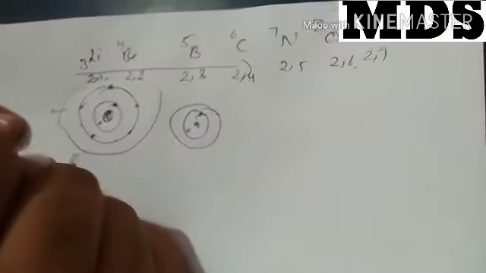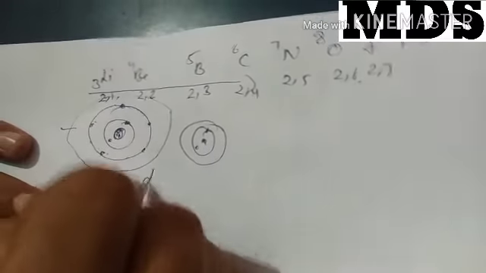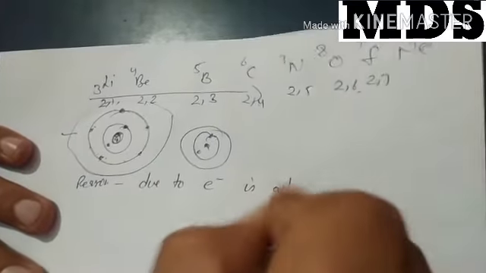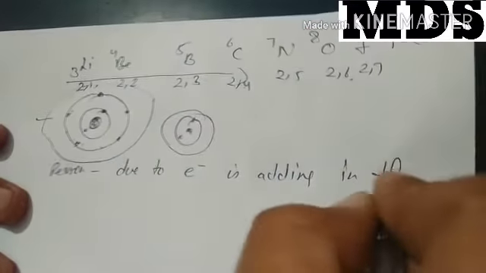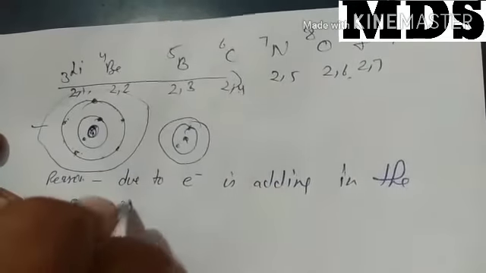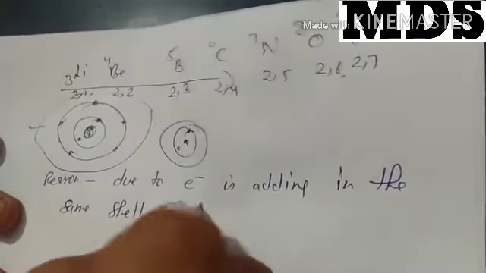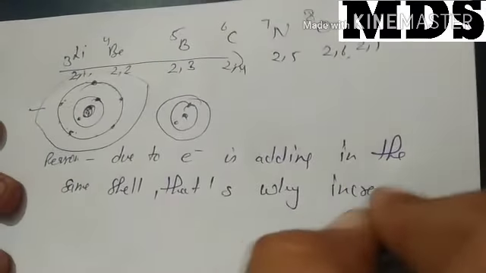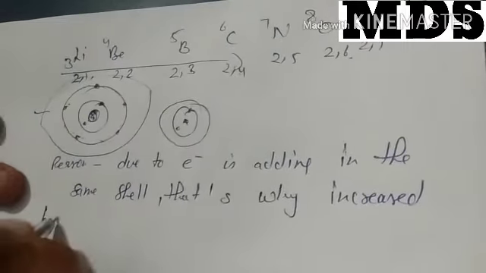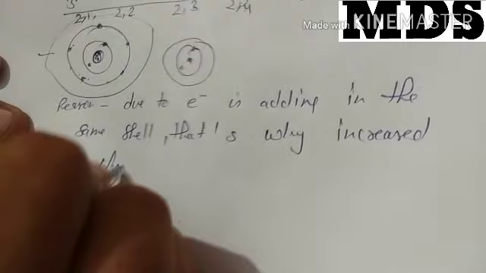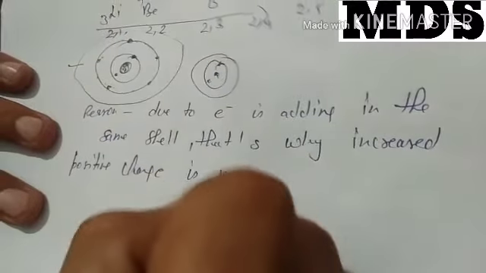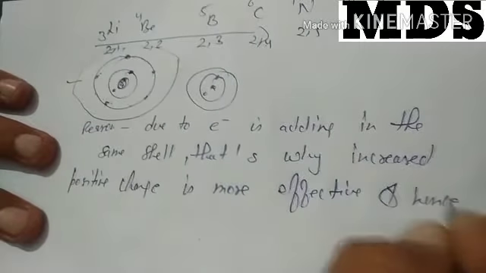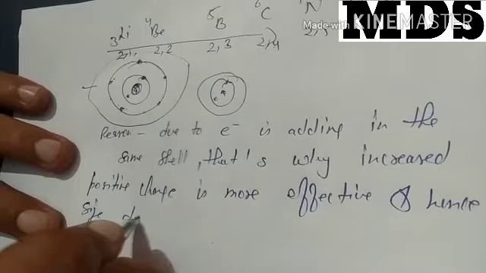Now the reason for that is that the electron is adding in the same shell. That's why the increased positive charge is more effective and hence the size decreases.